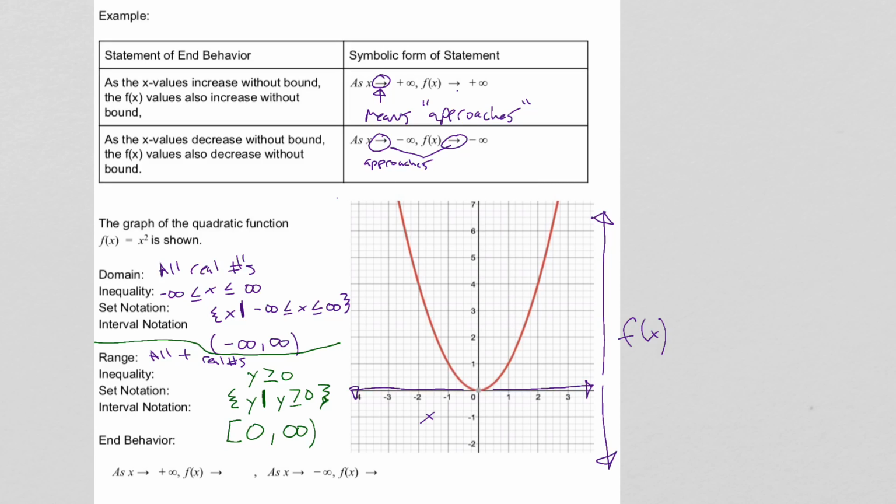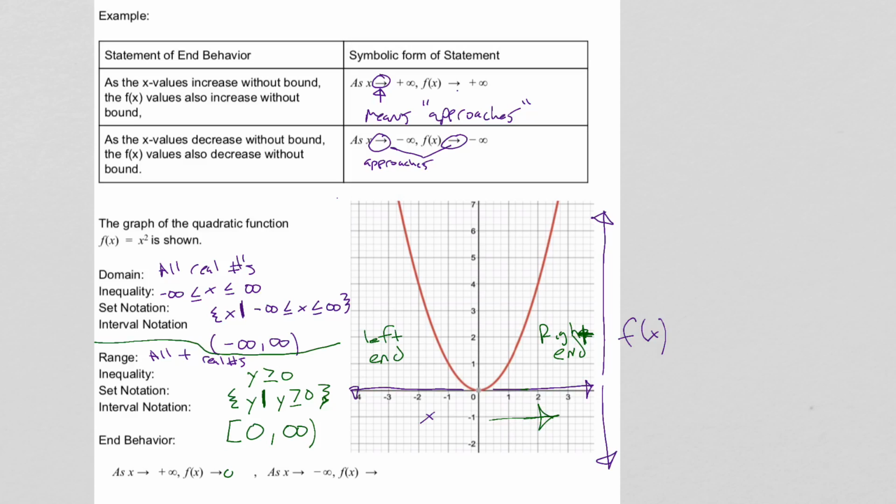So hopefully that makes sense when you're actually doing this kind of notation on an actual function, and the different ways to write it. And our end behavior, right? We have a right end, and a left end. So as x approaches positive infinity, right, that's this direction, as x gets bigger, what happens to y?